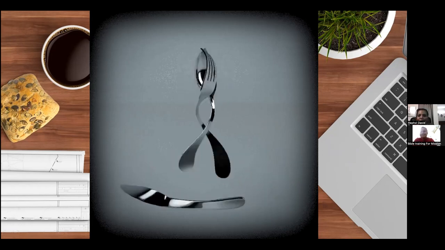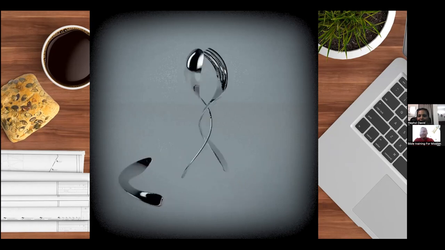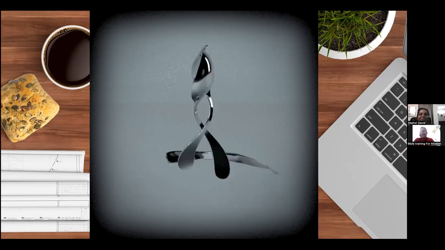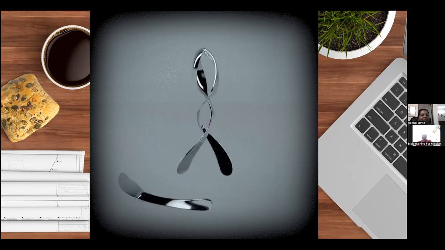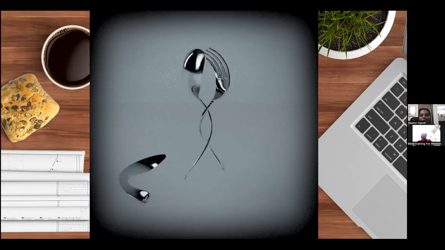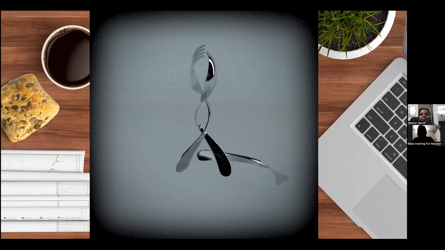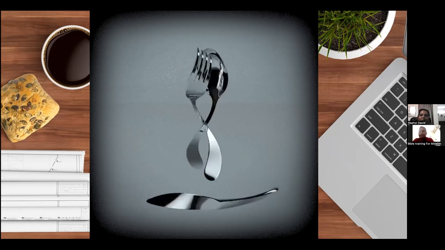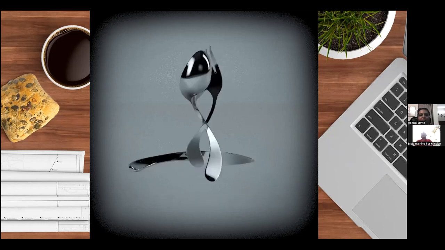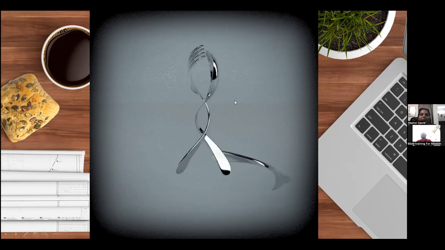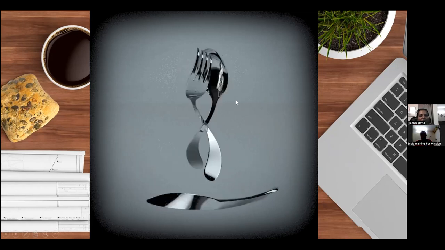A knife, what will you do with a knife? To cut. To cut. And spoon, maybe you will use it to drink your soup. So each object has a purpose, just like us. We also have a purpose. And God has created us with a purpose.